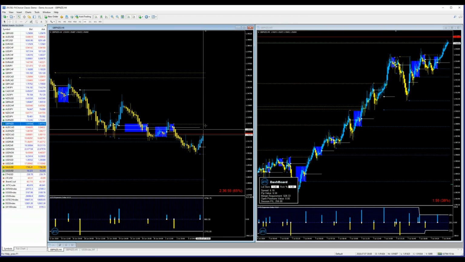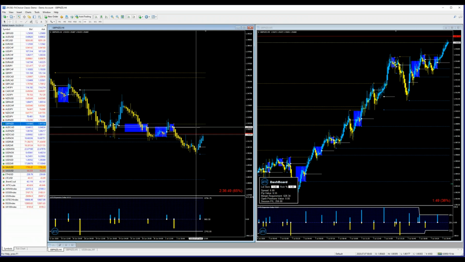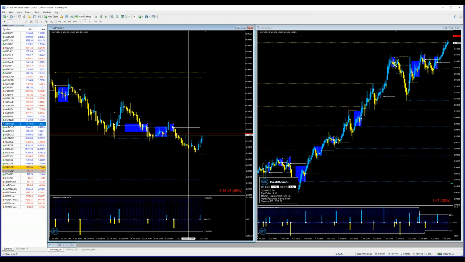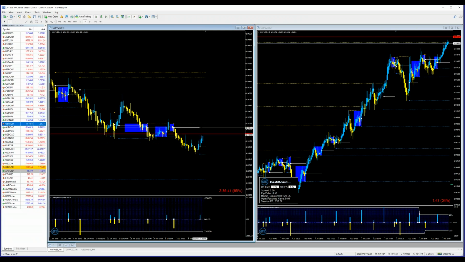There should be some decent rotation to the long side. A conservative target, if you're trading this up long, would be this expansion level, the high of this last predominant high right here. But we can gap from where we are to right here. There's a projected 50 pips in that.